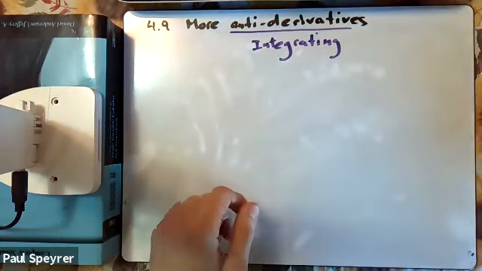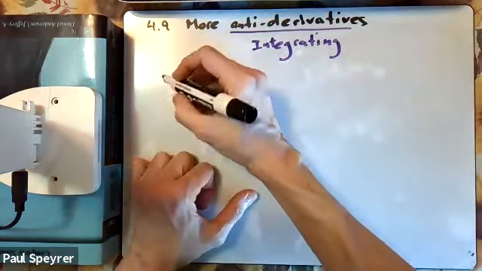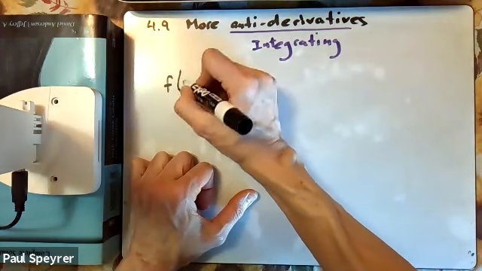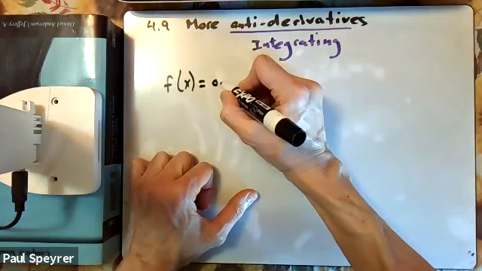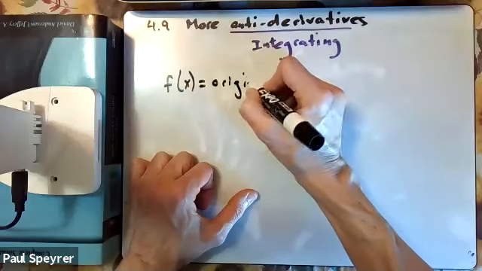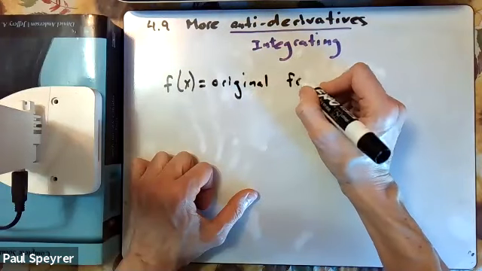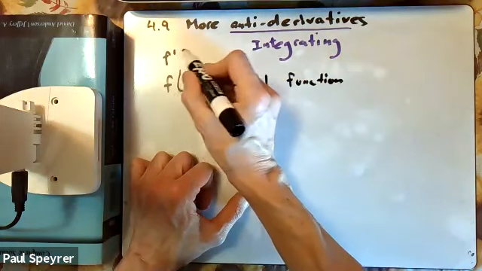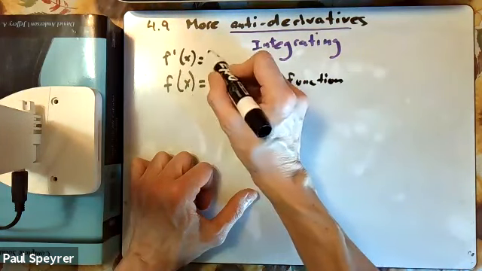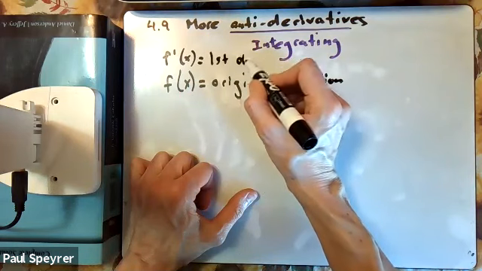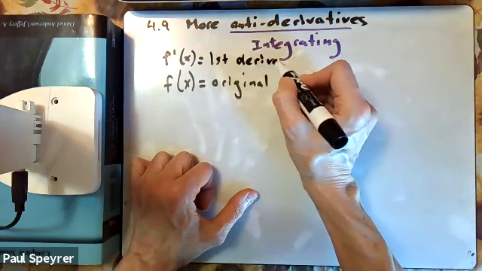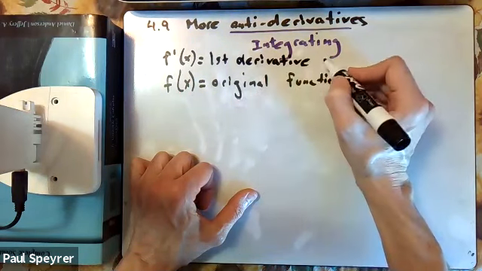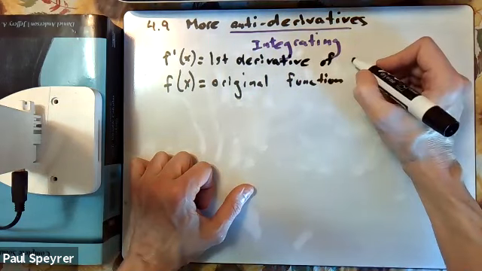deriving, right? So remember, if we have little f of x, that's the original function. If we had little f prime of x, that means first derivative, right? Of the original function.